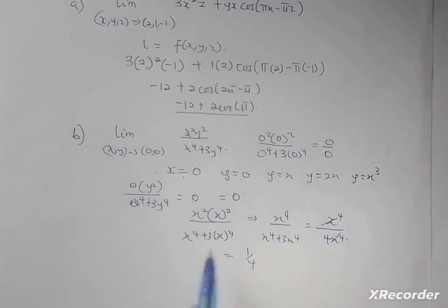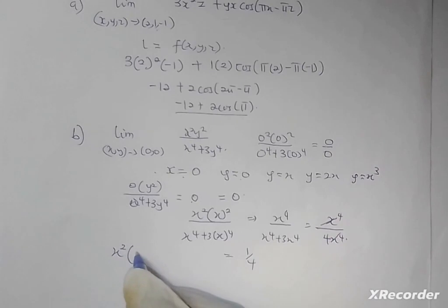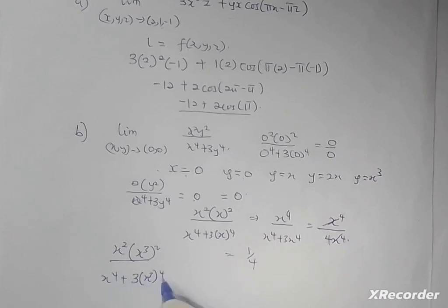So if y is equal to x cubed, wherever I see y, I'm going to put x cubed there. So x to the power 2 multiplying x cubed to the power 2 all over x to the power 4 plus 3 x cubed to the power 4. What am I getting?